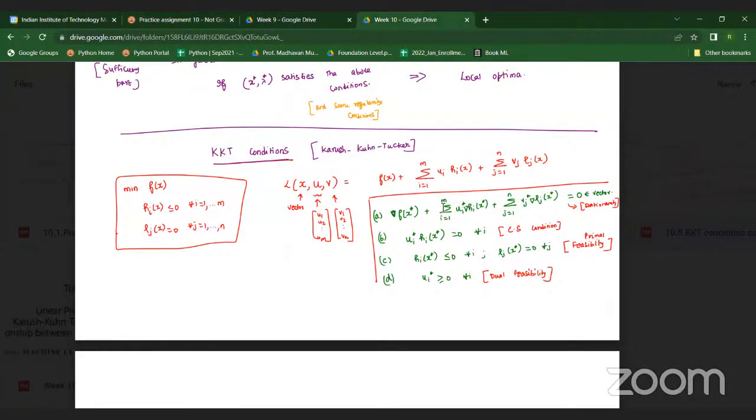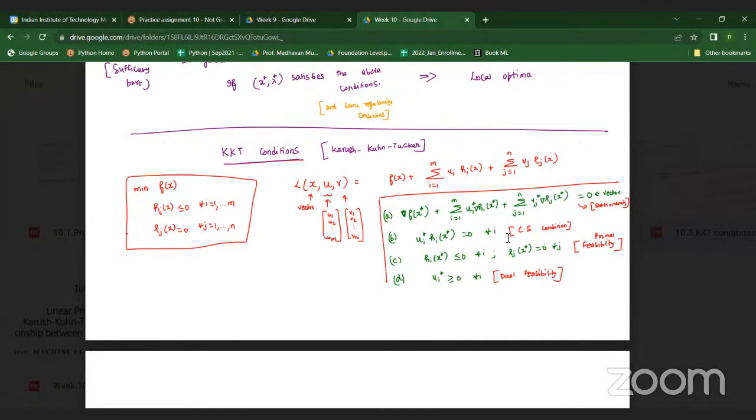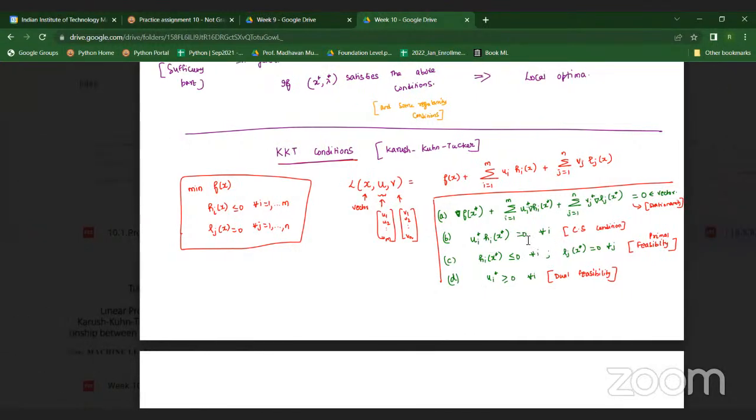Since we do not have the inequality, this h_i of x less than or equal to 0 case, only this part alone will be removed. But we do have this gradient, and it should still be equal to 0. Okay, this u_i h_i of x equals 0 will not be there. But we do have this v_j case.